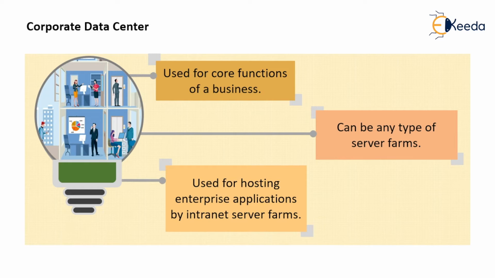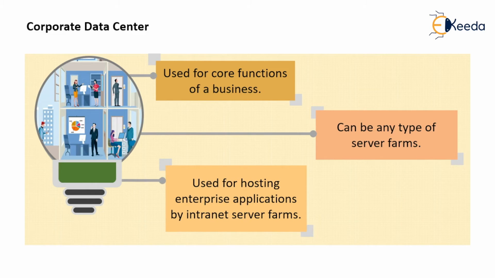As we know, a number of companies, whether small scale or large scale, deal with this corporate data center, where a limited number of users, those who are authorized, are eligible to access their business application. It is not available to the general user.